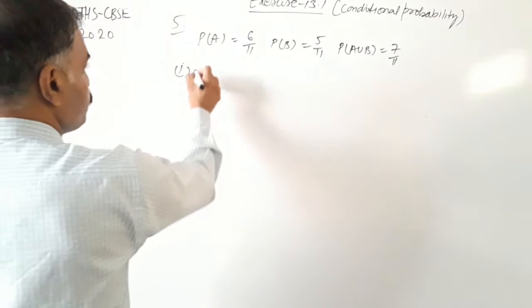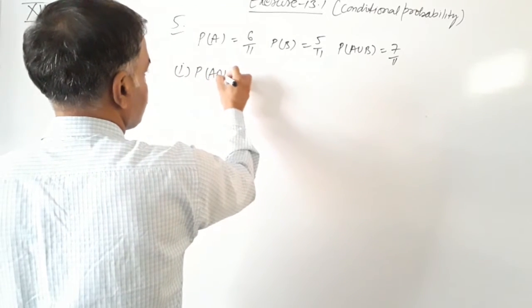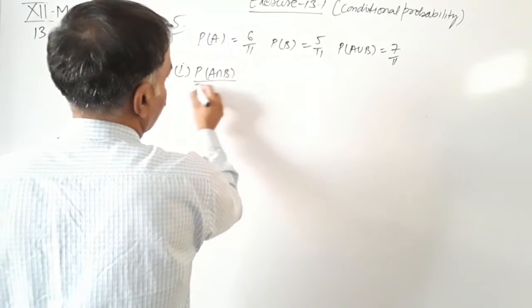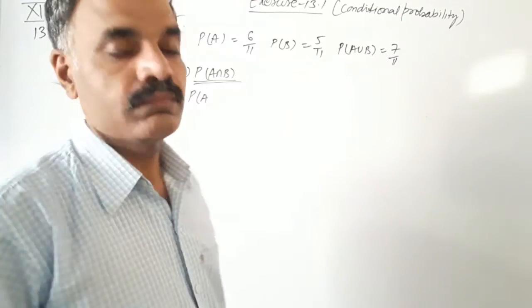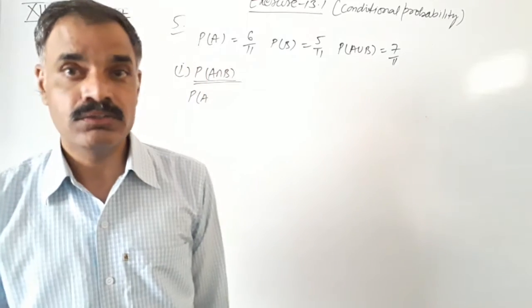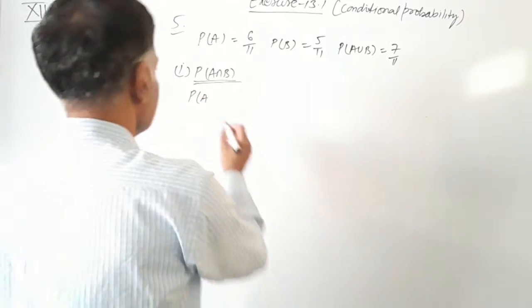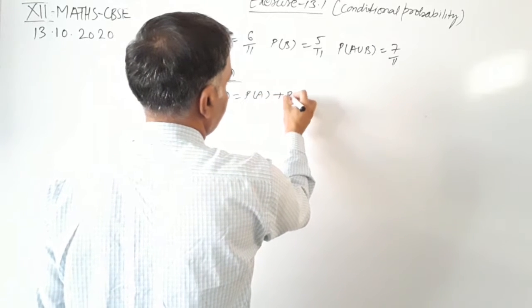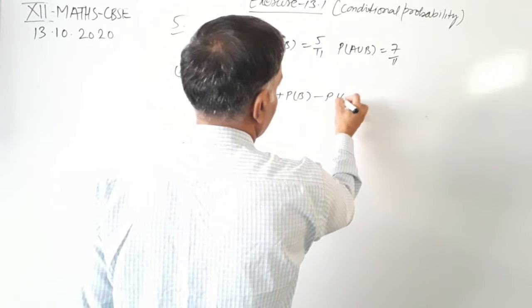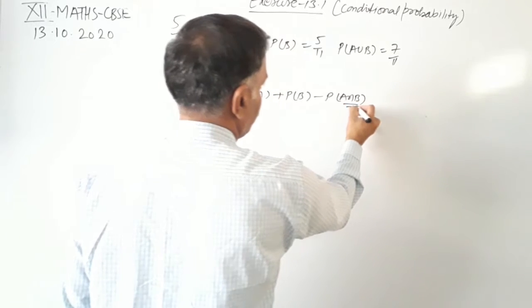First of all we have to find P(A intersection B), so we will use the addition theorem, which is P(A union B) = P(A) + P(B) minus P(A intersection B).